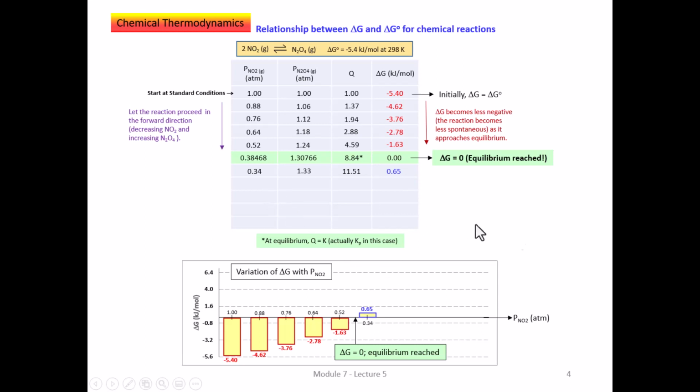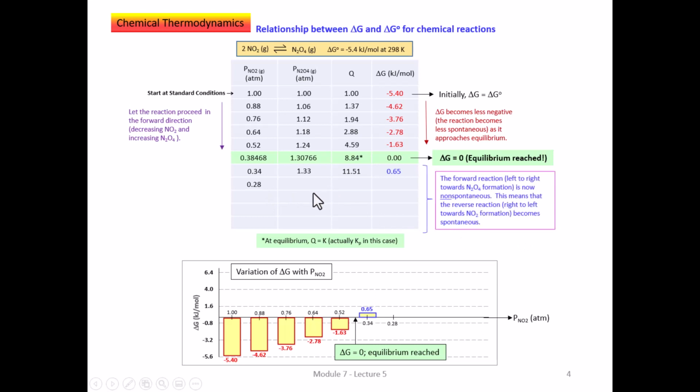Well, let's keep pushing this somewhat silly scenario farther. Let's push the reaction farther. If we keep pushing it farther, delta G becomes more and more positive. So again, the forward reaction, left to right, is now becoming more and more non-spontaneous, which means the reverse reaction, going from right to left, is becoming more spontaneous, because if we started here with these conditions, the reaction equilibrium will say, well, I got to shift to the left.